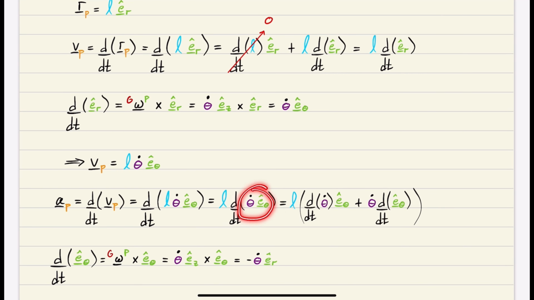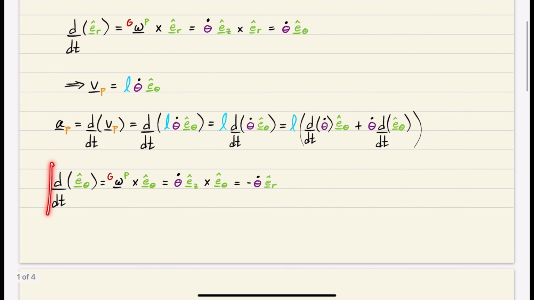And when we do the product rule here, we get L times the quantity, derivative of the first times the second plus the first times the derivative of the second. We're going to need this term here, d dt of e theta. Well, we can do the exact same thing we did up here for er.